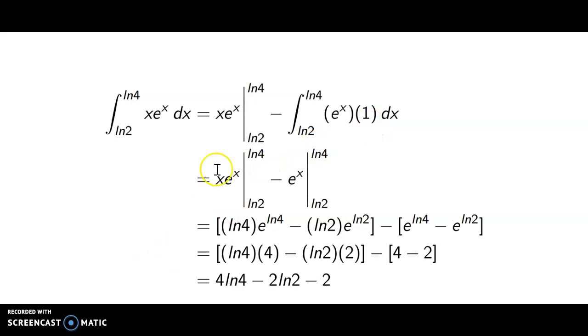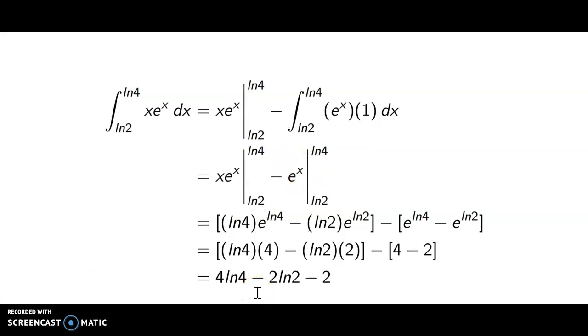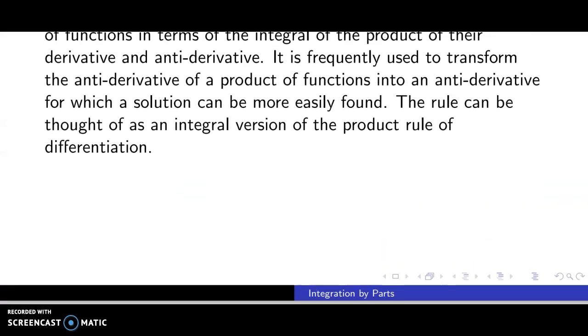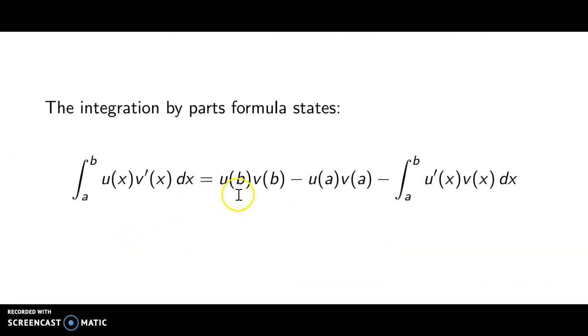The second step is we copy this part and we solve this part, and it is going to be e to the x from log 2 to log 4, because the antiderivative of e to the x is still itself. For the third step, we have to apply the formula, which is ub times vb minus ua times va.